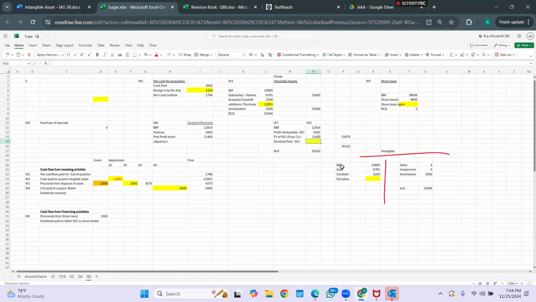That means you have paid something in terms of NCI, which would be 3,324 paid as dividends. That you need to include in your calculations, to show as dividends paid.